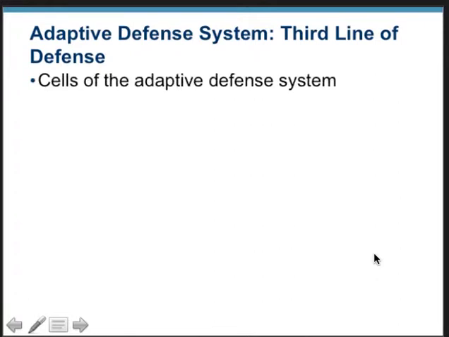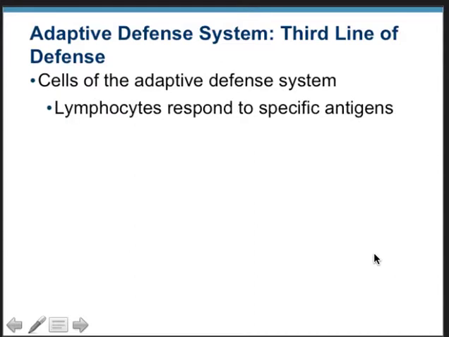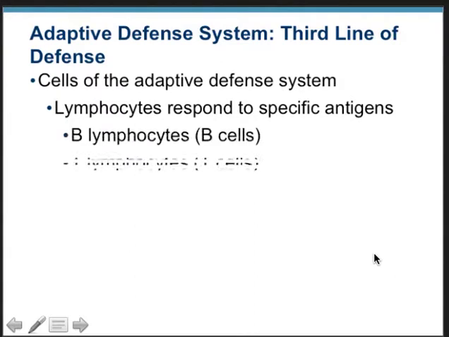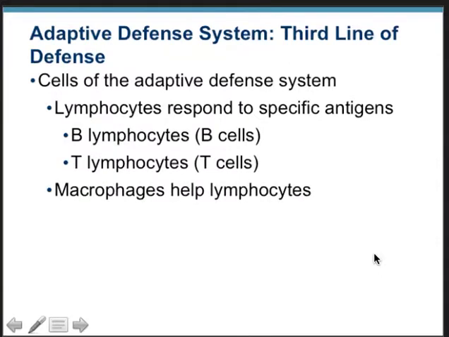Cells of the adaptive defense system are our third line of defense, and these include our B and T lymphocytes, which are designed to respond only to particular antigens from one B or T lymphocyte to the next. Macrophages, remember, are there to help the lymphocytes out.